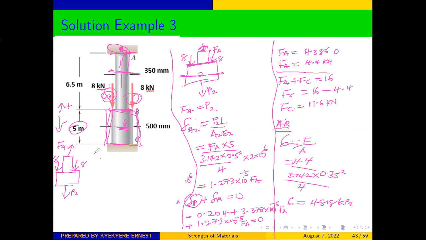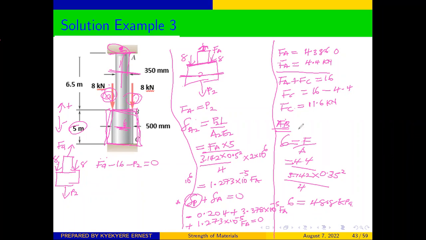So we can say that FA is pointing upwards, these two are coming downwards, so minus 16. We already know FA, so we can put in the value. P2 is pointing downwards, so minus P2 equal to 0.